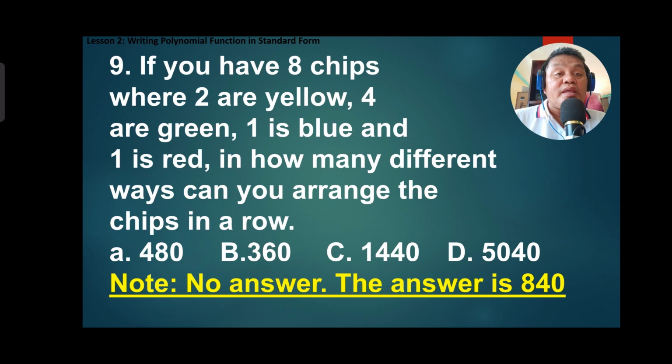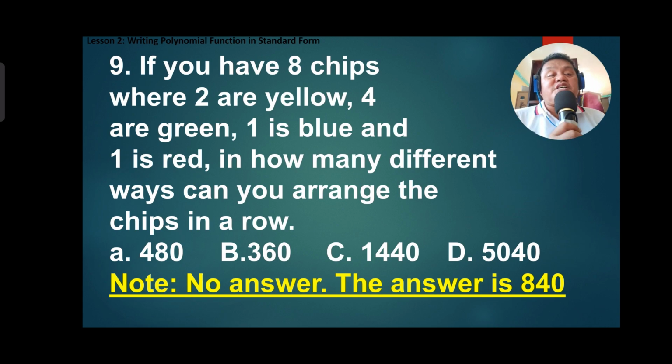Number 9. If you have 8 chips where 2 are yellow, 4 are green, 1 is blue, and 1 is red, in how many different ways can you arrange the chips in a row? So 2 plus 4 plus 1 plus 1 is equal to 8. So we have 8 chips: 2 yellow, 4 green, 1 blue, and 1 red.